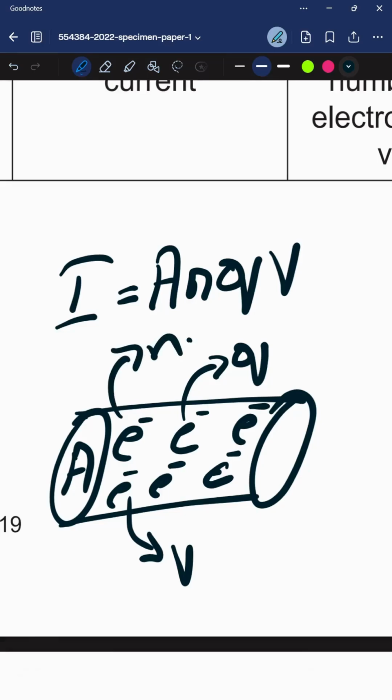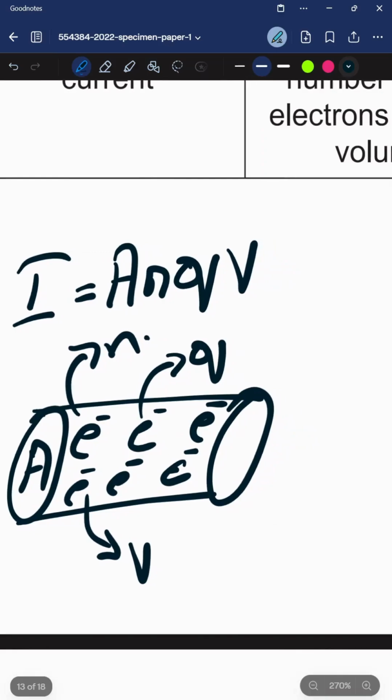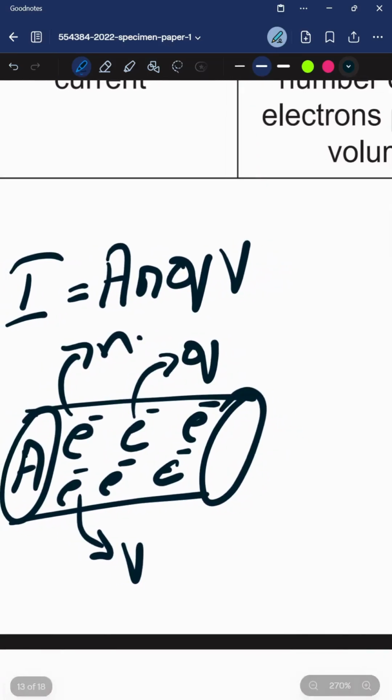So it's a general formula to compute the current in a metallic wire. Remember that it's important to consider each and every factor, either A, N, Q, or V. All of these factors contribute to the value of the current in that conducting wire.